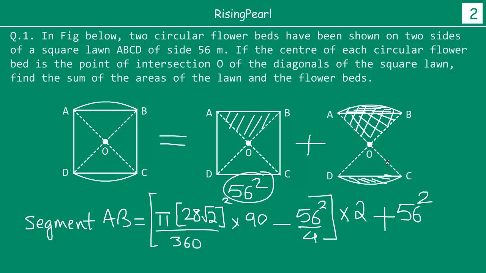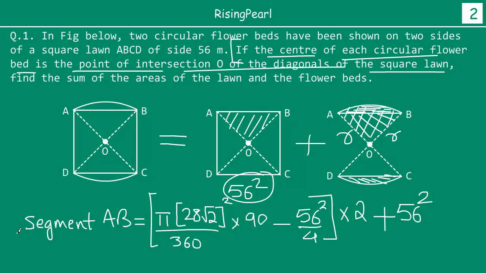So again, we found out the entire area of ABCD. We found out the radius using this condition that the center of each circular bed is the point of intersection of the diagonals of the square lawn. Using this condition, we found out the value of R. Then we found out the area of the square. We found out the area of the segment.